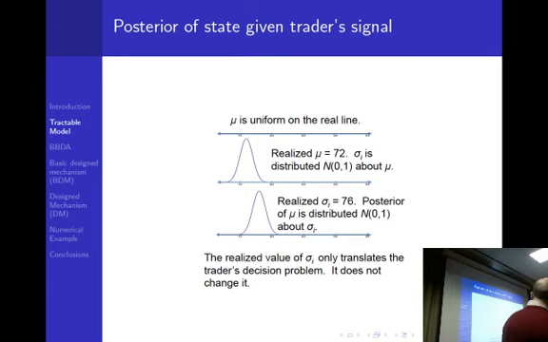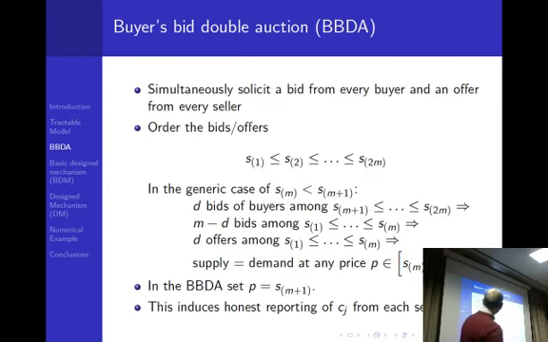Okay. Now, I may say a word or two further along. So we're going to compare the buyer's bid double auction. Let me briefly go over that. You simultaneously solicit a bid from every buyer and an offer from every seller. Order them from lowest to highest.